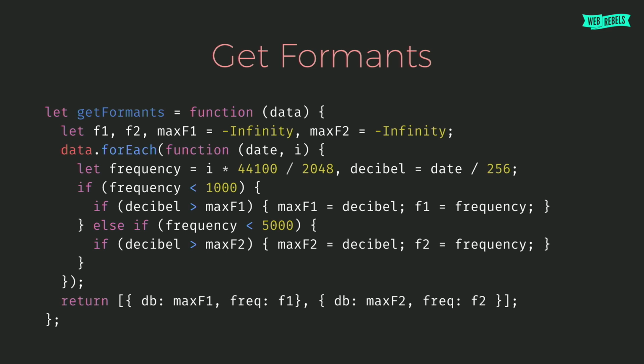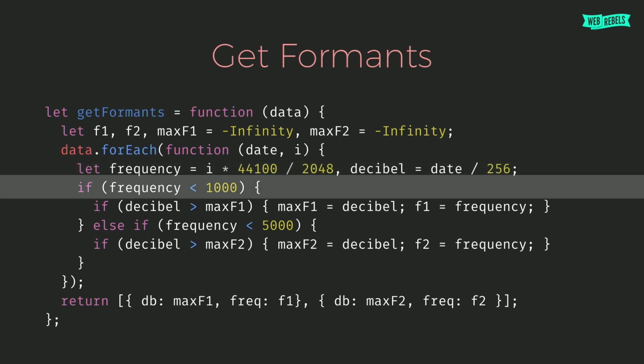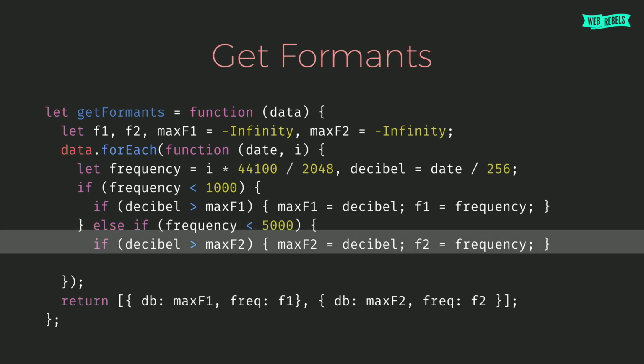Okay, with this data, we can get the formants by detecting the highest volume within a specific range of the spectrum. First, we get the frequency and the volume values, and then, while looping through the data, we check for frequencies lower than 1000 Hertz to get the first formant, and to get the second formant, F2, we check for frequencies lower than 5000 Hertz.